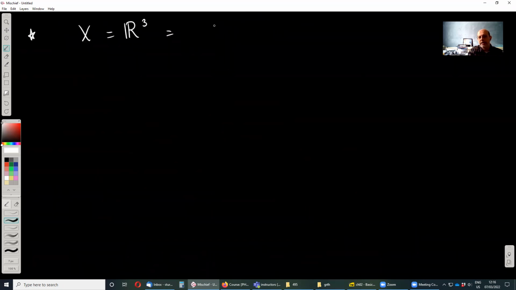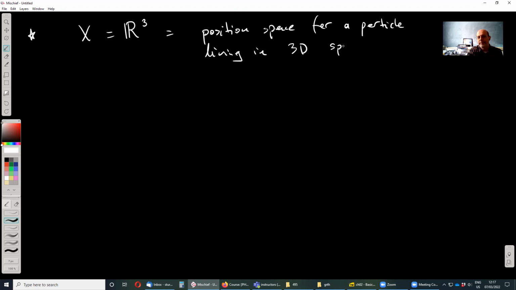So that's the position space, for example, for a particle living in 3D space.